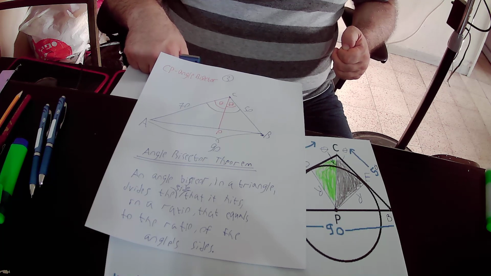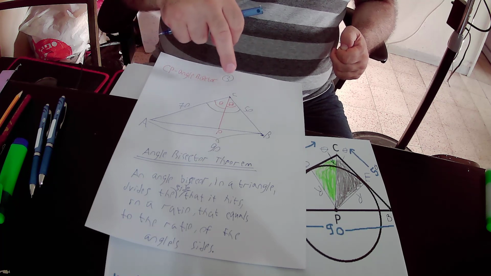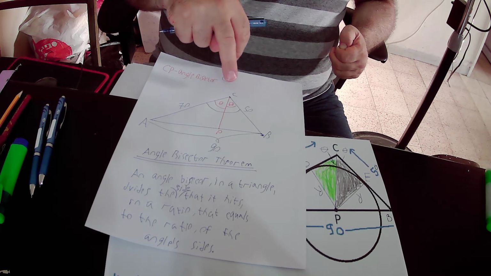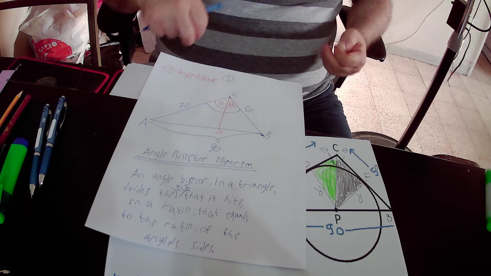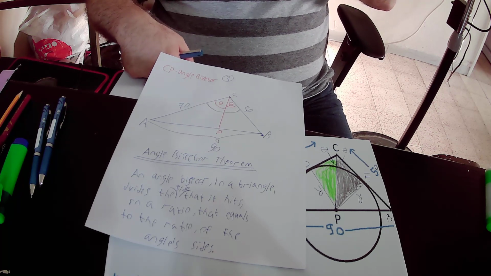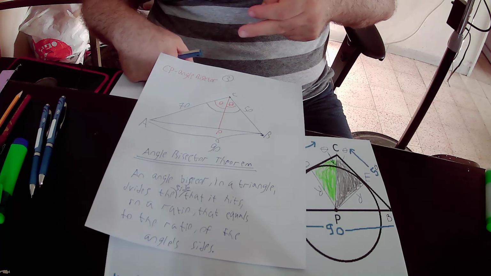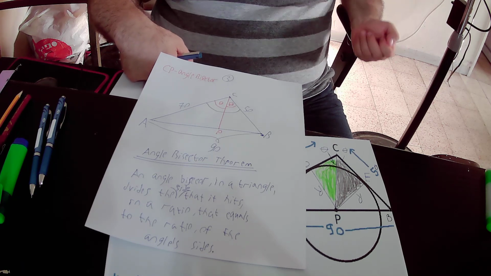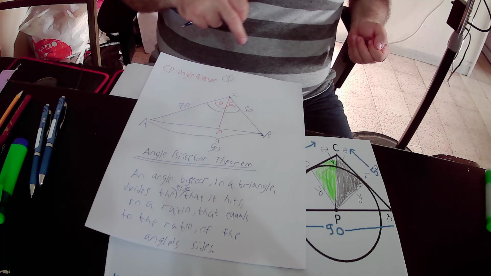So we relate to angle ACB, that is split into two halves by the angle bisector CP, and ACB consists of two sides, side AC and side CB, and the ratio between those two sides is AC over CB.